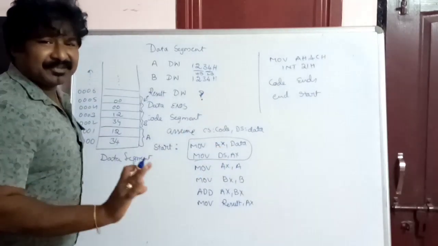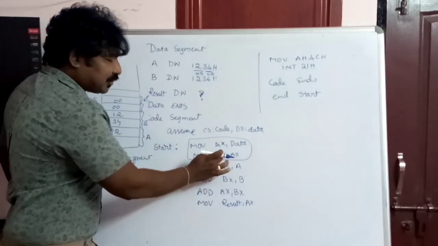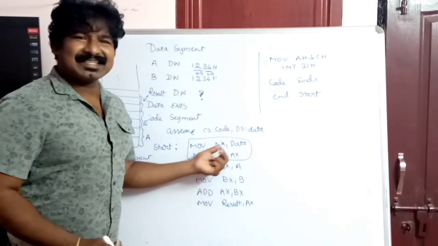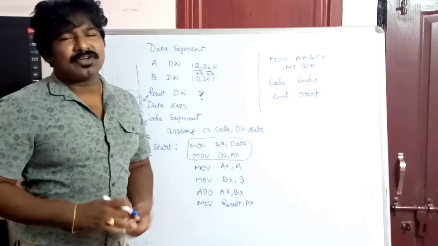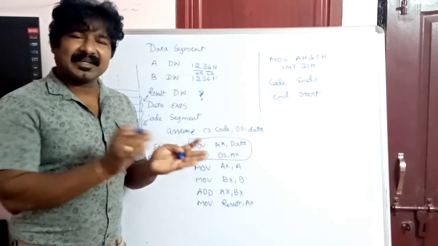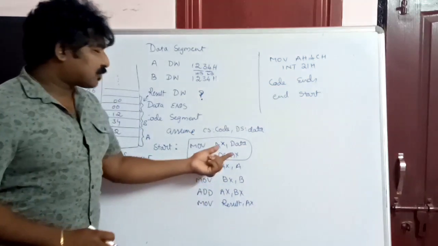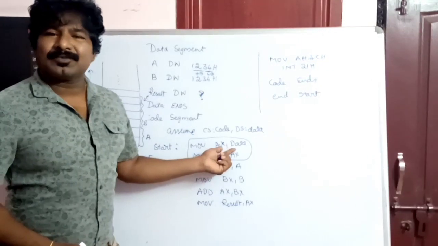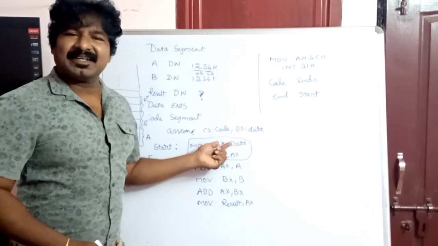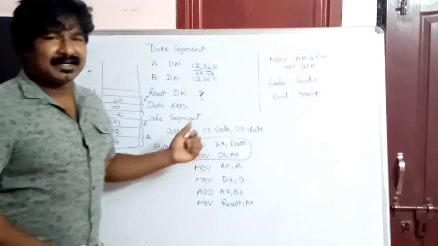You may wonder why we didn't write DS comma data: that is an invalid statement. You cannot move the base address directly into DS, so we use AX for exchanging the values. We first put the base address in AX, then transfer it to DS.